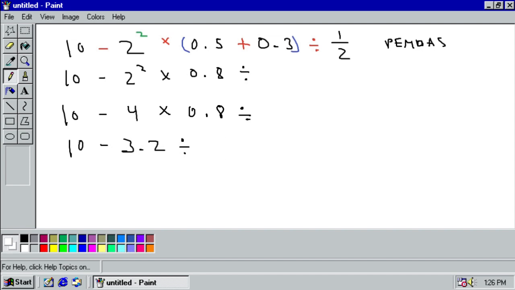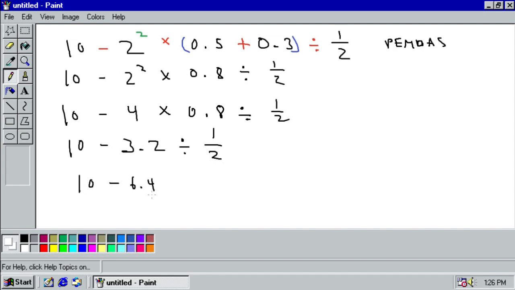This is supposed to be a half, since that is what's given there. So we're gonna divide 3.2 by a half. So that's like 3.2 times 2, since we can make this reciprocal, giving us 2 over 1. And just the sign will change, so that's 6.4.